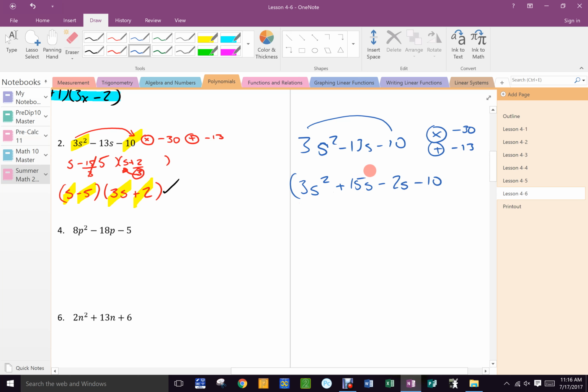And then you put a group there and a group there. Then you GCF that. Out came 3s. And that left you with s plus 5. And out of here you took out a negative 2. And that gave you plus 2.